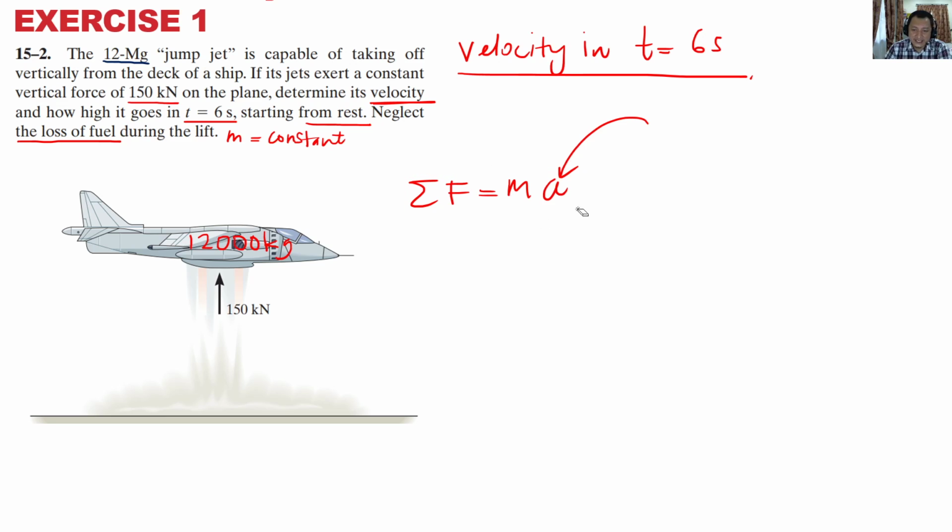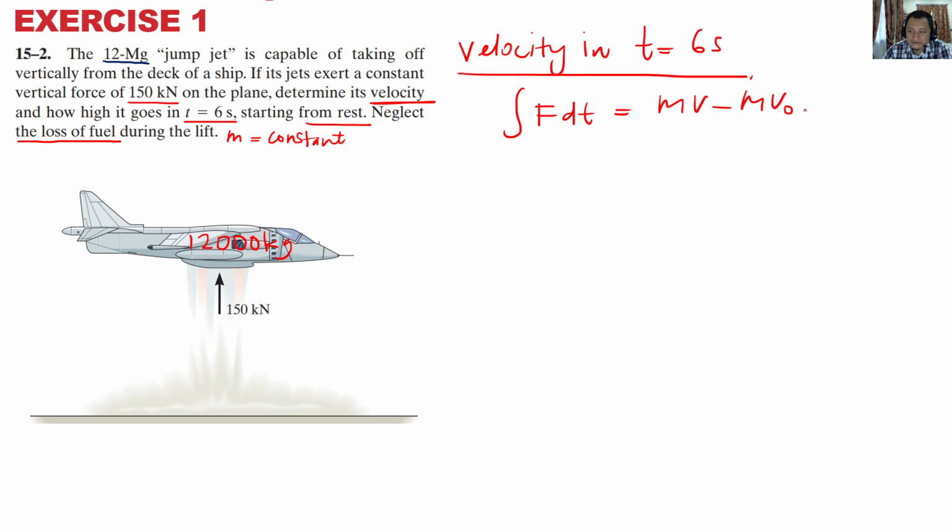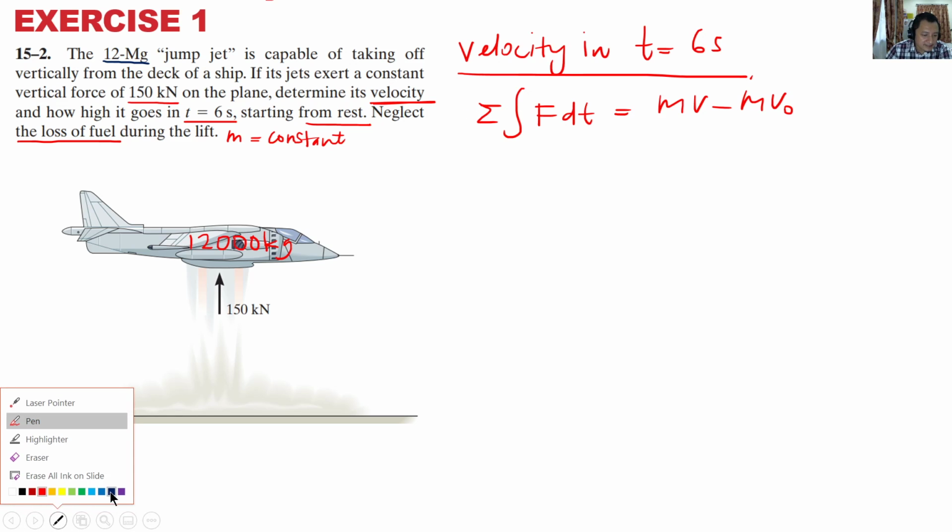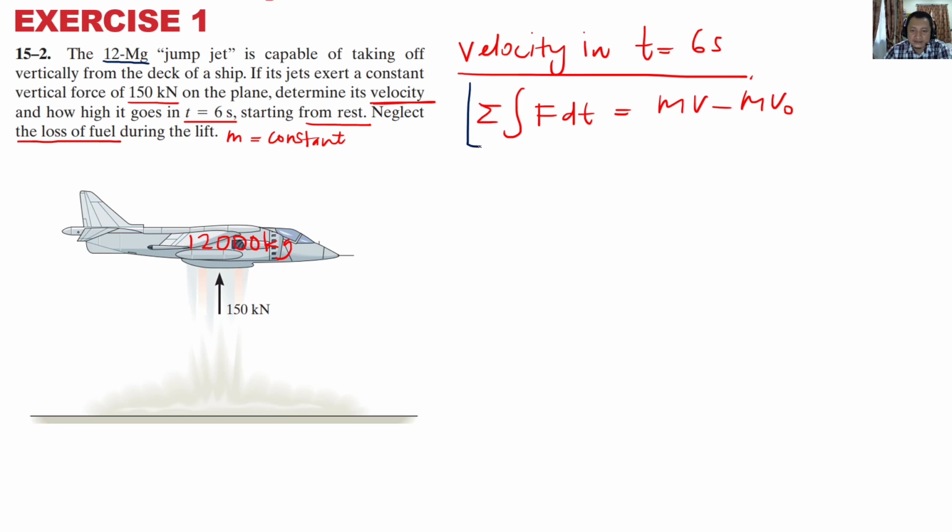But let's try out another method, which is this formula: the integral of summation F dt is equal to mv minus mv naught. This is the new formula that we want to test out. It's basically coming from the same thing.